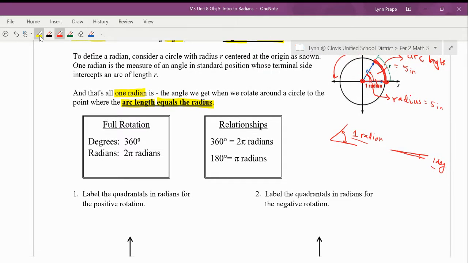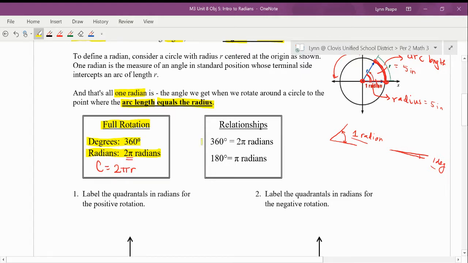When we do a full rotation of a circle, in degrees that would be 360 degrees, right? So 1 full rotation is 360 degrees, and in radians it is 2 pi radians. That goes into the circumference of a circle being 2 pi r, r being the radius. So when we do a full rotation, we are doing 2 pi radians.